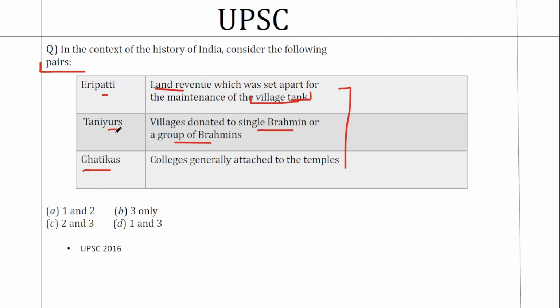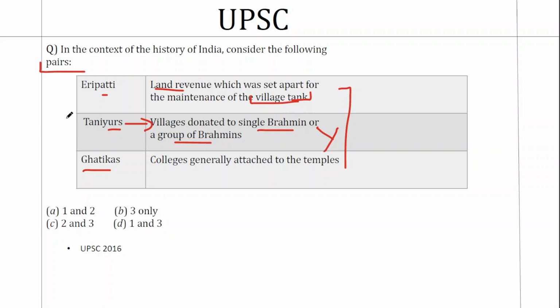You have ur and perur, which is a big village. Now, look at the explanation. It talks about a village itself: villages donated to a single Brahmin or a group of Brahmins. We can connect it with a village, but there is a general term for a Brahmin village, which is very famous in the ancient Indian context, called Brahmadeya. Brahmadeya being a familiar term to us, we can in fact negate this statement.